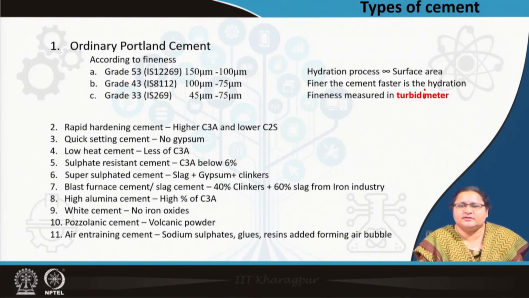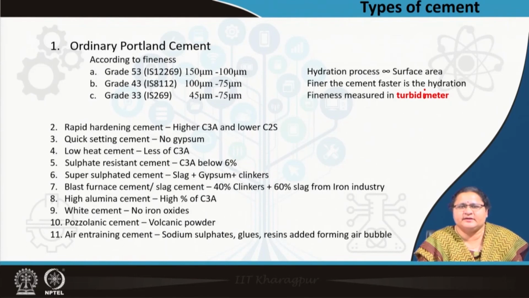Low heat cement will have less C3A. That means in the initial setting time, where the heat liberation was maximum in a very short duration, low heat will be generated. So, it is low heat cement.